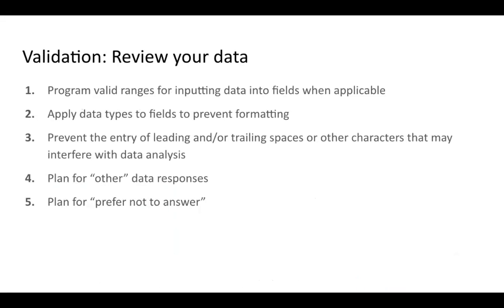All right, so the next principle is validation. Validation helps ensure that data is collected correctly. Data should be actively validated as much as possible throughout the process of your data collection and entry. This will reduce the time spent later cleaning your data, explaining your outliers, and accounting for any missing data. There are a few best practices for validating or reviewing your data sets that we will go through.